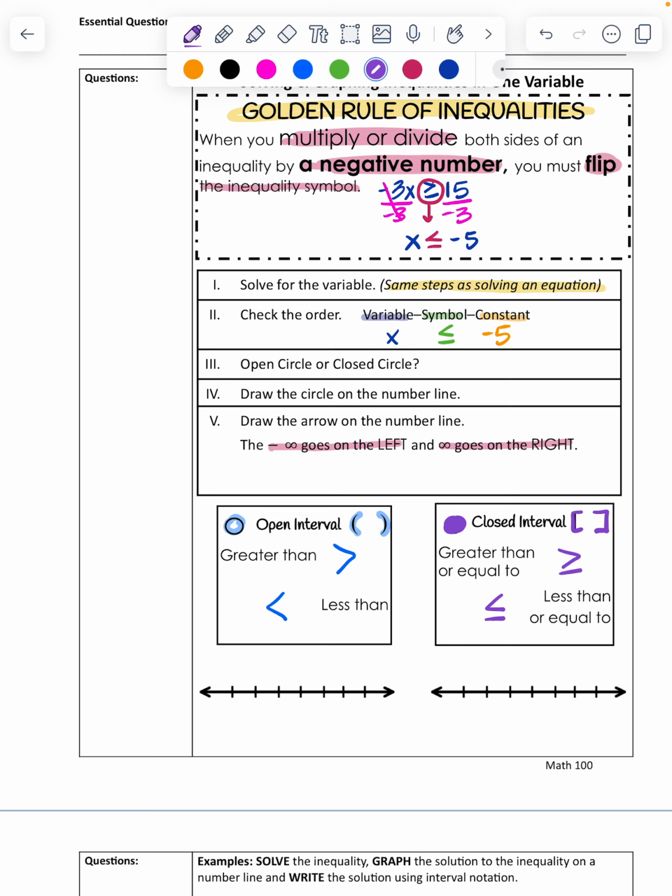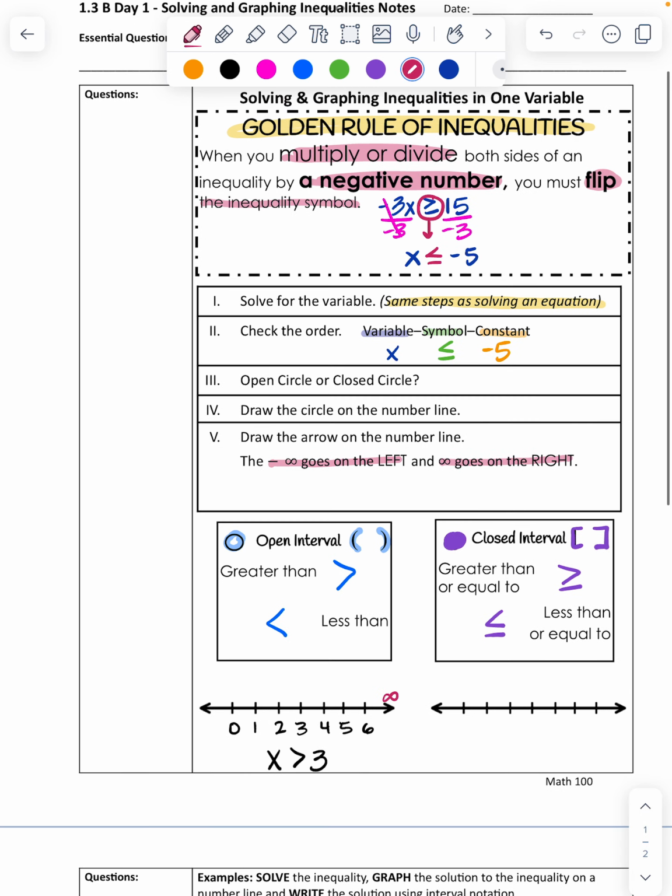So let's graph an inequality. Let's graph x is greater than 3. Okay, x is greater than 3. We're going to put 3 on the number line. Infinity goes on the right, and negative infinity goes on the left.